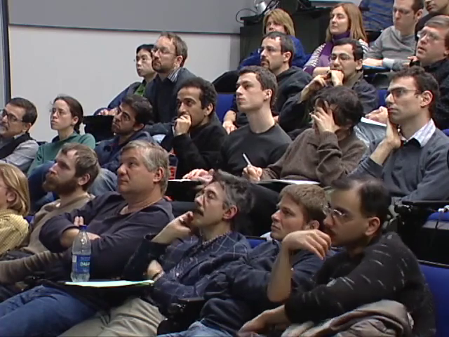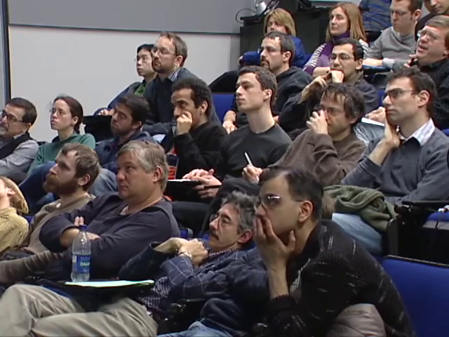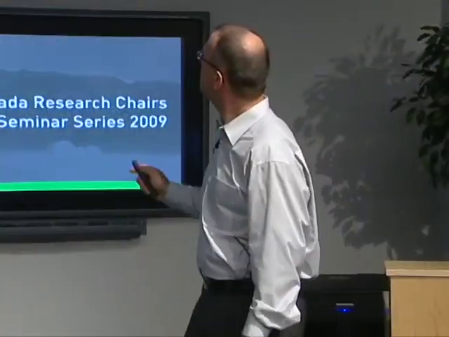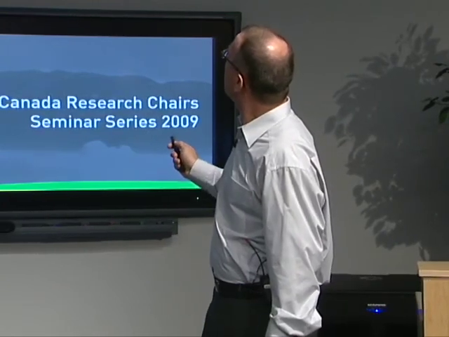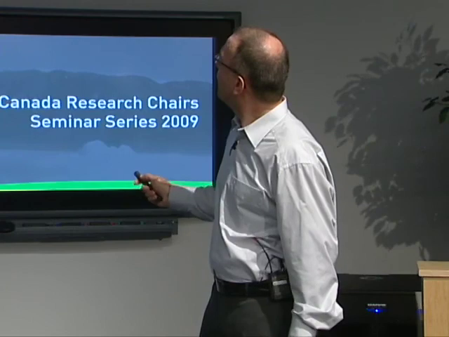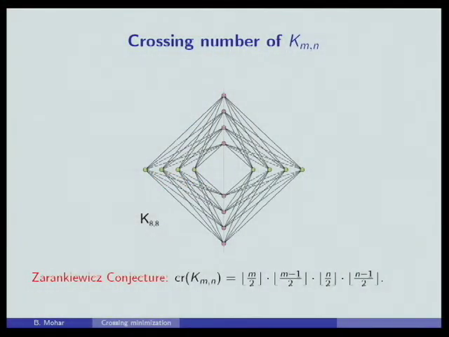You put half of them on the upper part and half of them here. So let's say everything is divisible by 2, so this is easy. And then the other vertices, the right-hand side vertices, you put on this horizontal line. Again, half of them on the left, half of them on the right. And then you see the edges will go, every green vertex is adjacent to every pink vertex, either here or here, and so on.